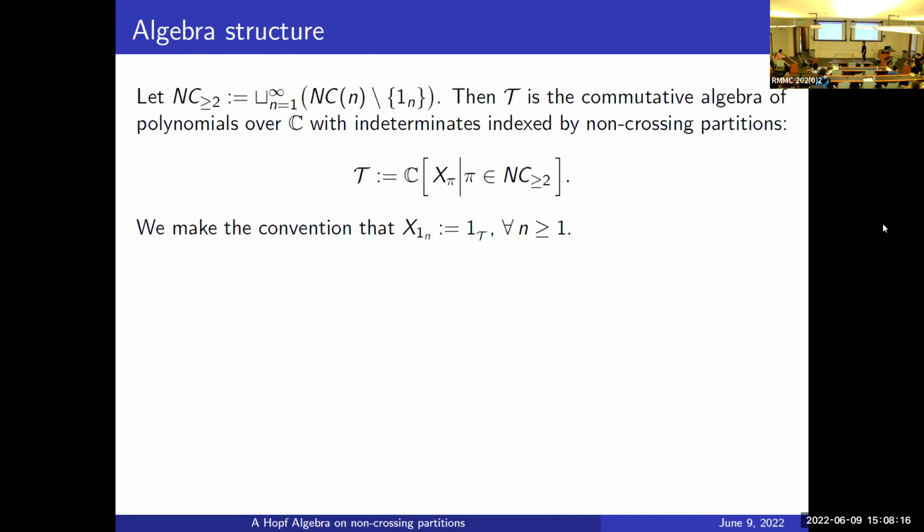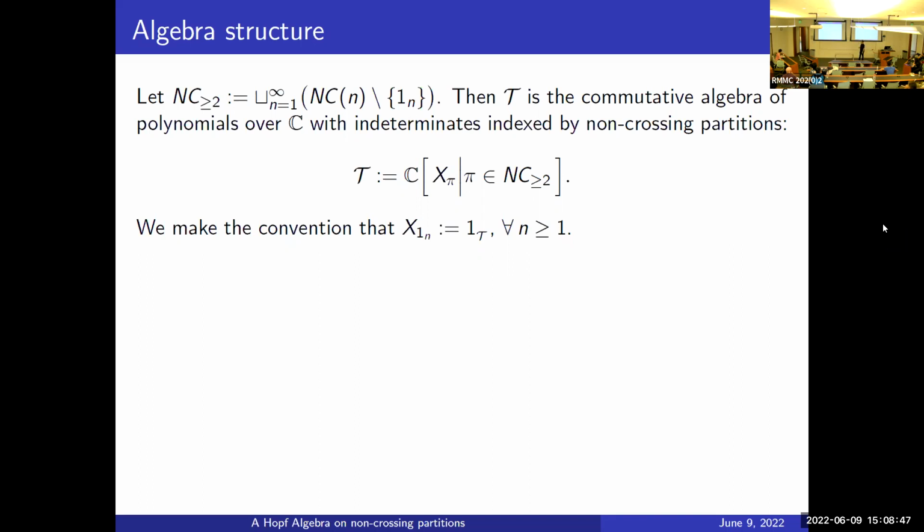Okay, so let's talk about the algebraic structure I want to put. As I mentioned, the values of the functions only depend on the non-crossing partitions. So let me consider the set NC greater than 2, which is all non-crossing partitions which have 2 or more blocks. The algebra I want to work with is the commutative algebra of polynomials over the complex numbers, and the indeterminates are going to be indexed by non-crossing partitions with 2 or more blocks.